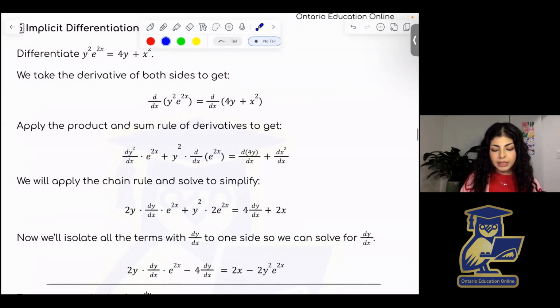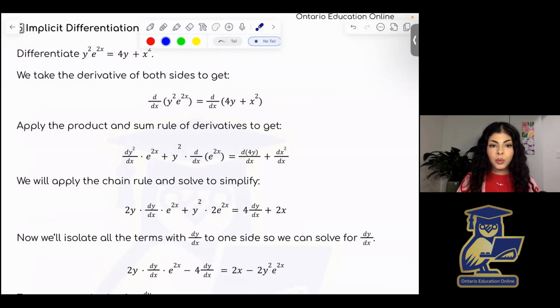So in my left-hand side, I take the derivative of y squared, and then times just the other factor, so e to the power of 2x. And then here we have y squared, and then times the derivative of e to the power of 2x. And then on my right-hand side, I take the derivative, and this is just a sum rule. So the derivative of 4y by dx and the derivative of x squared by dx.